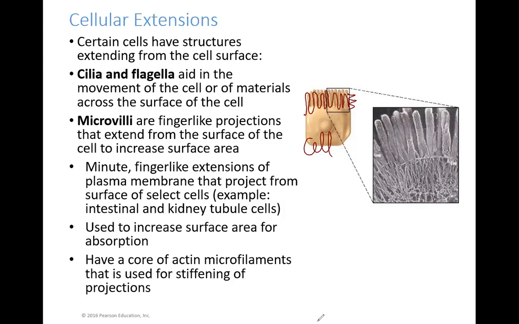If you take a small intestine of an individual, 20 feet long, more or less, of simple columnar cells, if you were to take that and stretch it out, and taking into account the villi, little villi means fingers, and microvilli means tiny fingers.